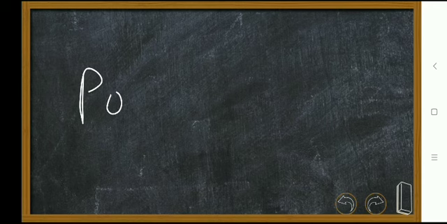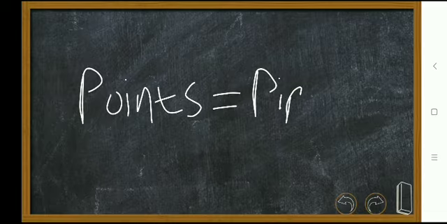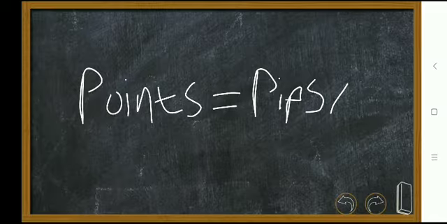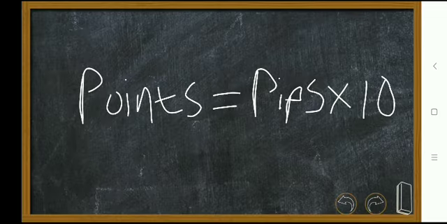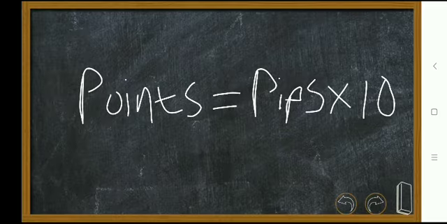Meaning that, let me repeat this: points are pips multiplied by 10. You can see from the table which I drew seconds ago that points are equal to pips times 10.